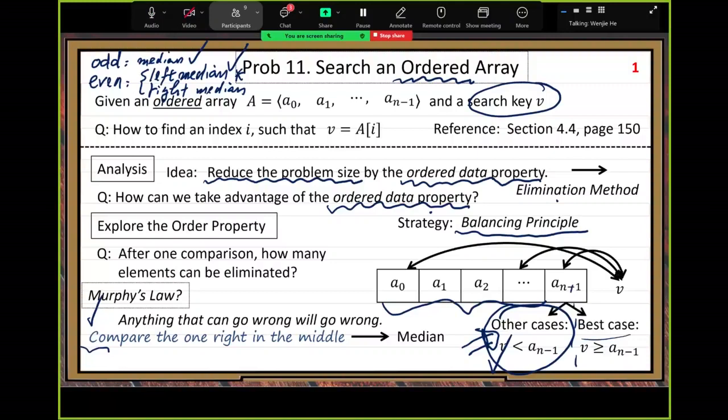But here, in our context of computer science algorithms, we have a different balancing principle regarding data distribution. I want to introduce this basic simple principle regarding the data distribution.